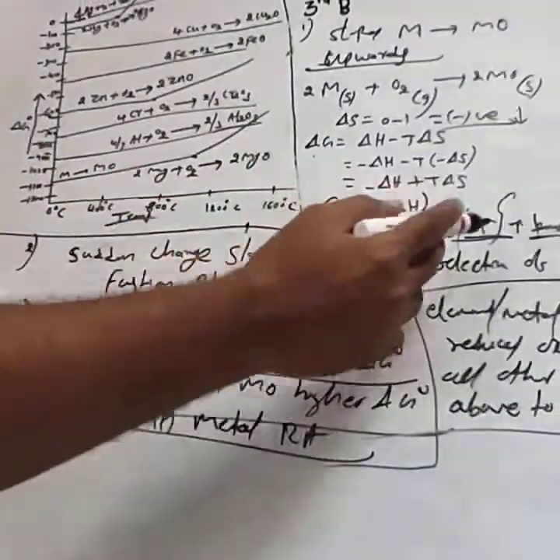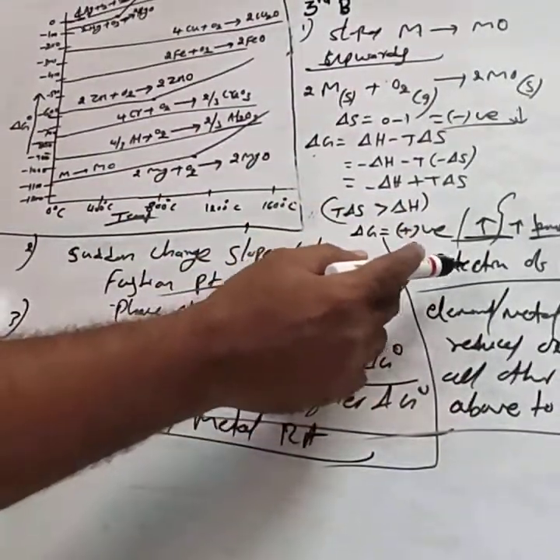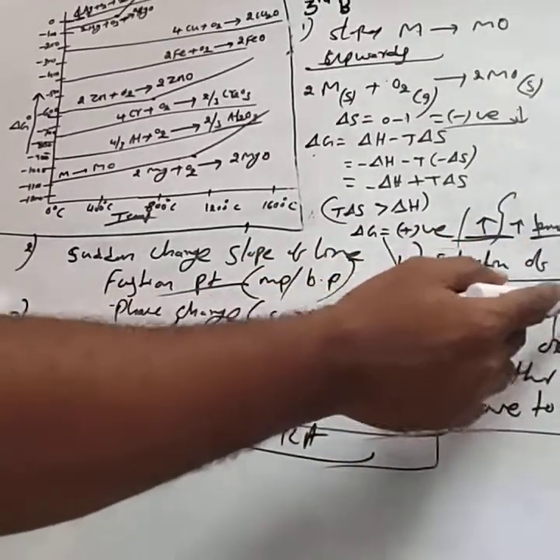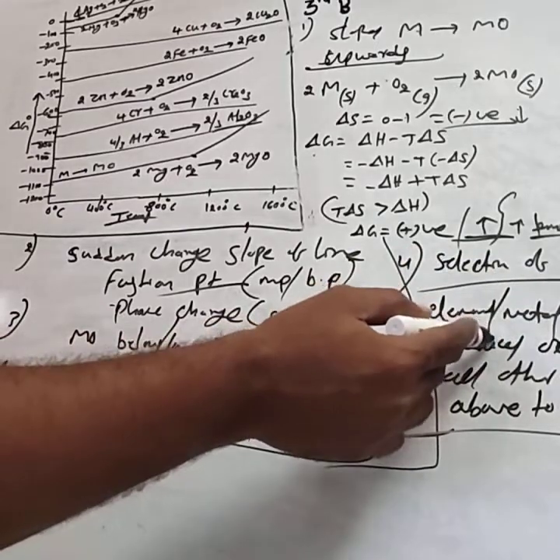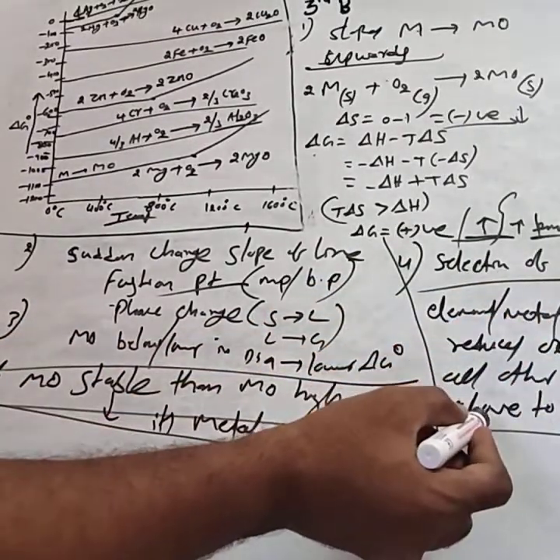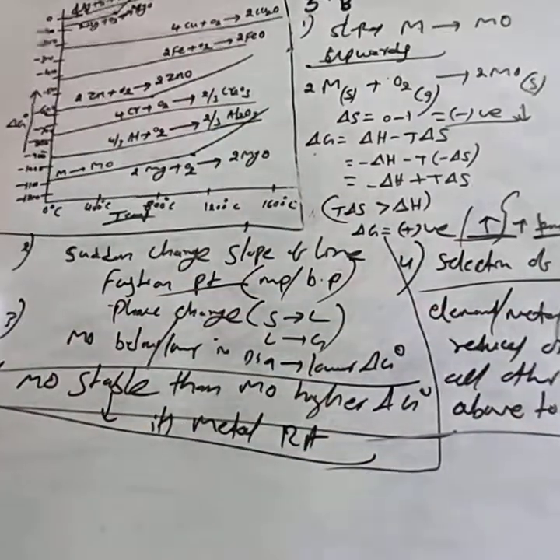This is the most important one. According to the Ellingham diagram, the reducing agent, that is a metal, always reduces oxides of all other metals present above it in the diagram.